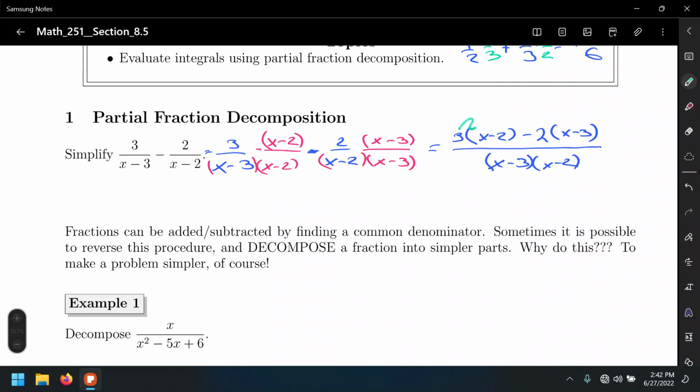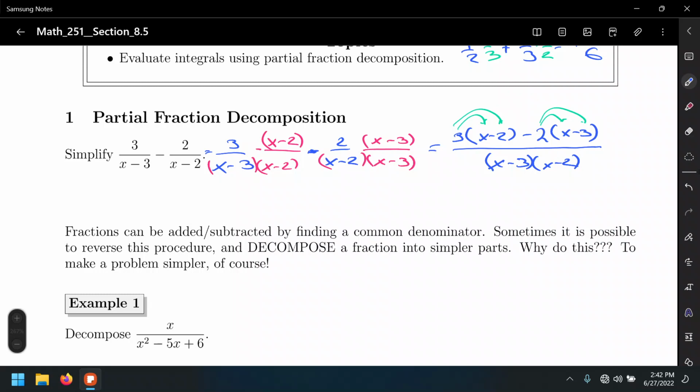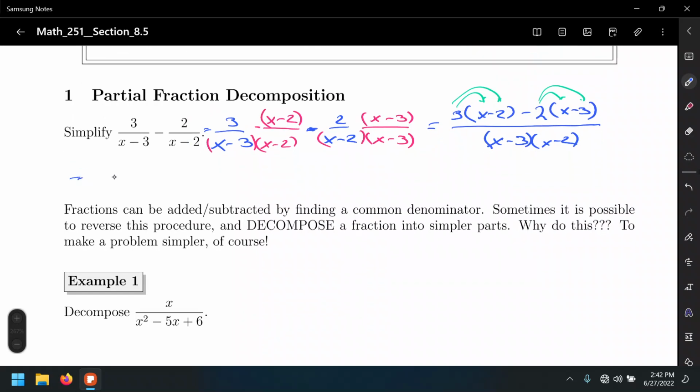Let's distribute the coefficient for every single term. That's going to give us, not 6x, 3x minus 6. Be careful with the negative sign over here. That's negative 2x. And negative times a negative is positive 6.